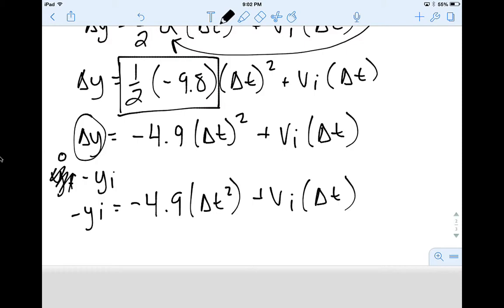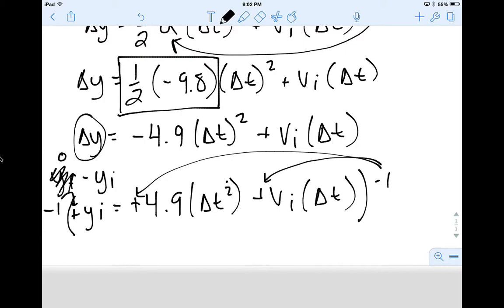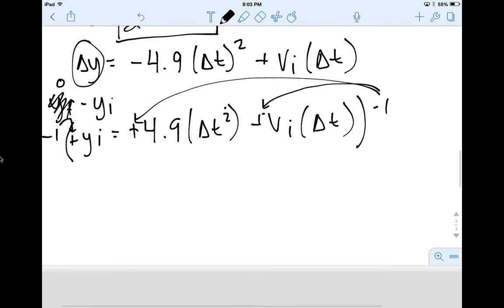Now I know that's a lot right now, but there's one last thing I want to do. I'm going to multiply both sides by negative 1. I'm going to distribute it, and it's going to change that to a plus, and this is going to be minus. So here's our final version of this, so write this nice and neat.